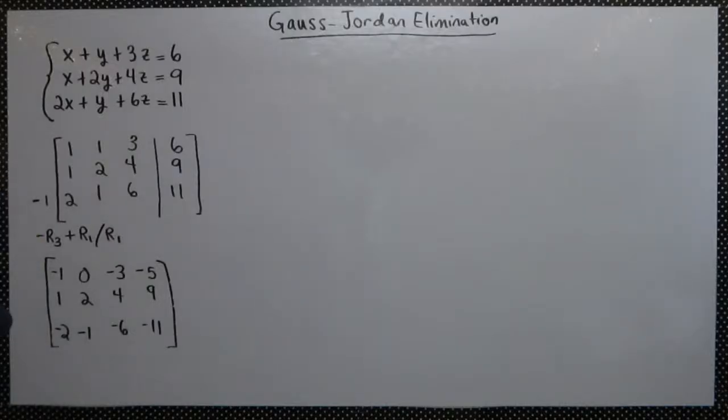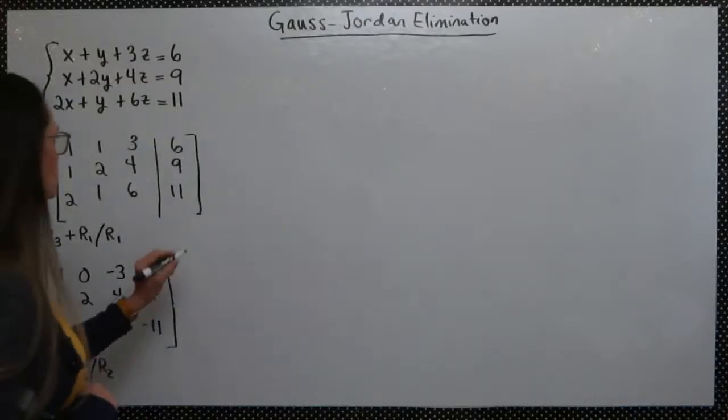And so what do I want to do next? I don't want to get in too big of a hurry because I might miss something. All right, I could make another 0 really fast if I added these two and replaced it with row 2. So let's do that. Let's say row 1 plus row 2, and we'll replace row 2.